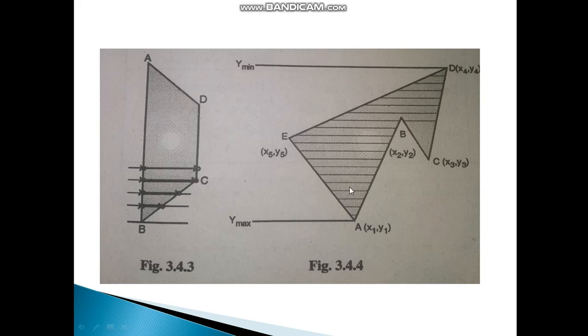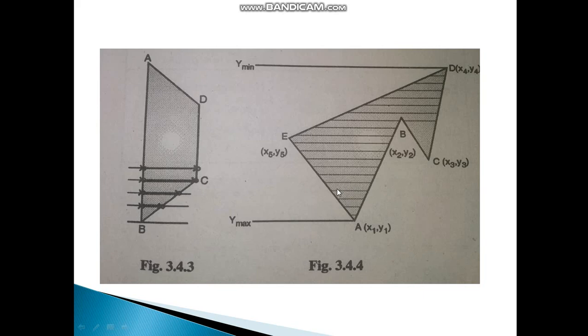And after that, here is one figure of the scanline algorithm. In this figure there are two edges, AB and AE. We start our scanlines from y max to y min. If the scanline is between y max and y min of edge AB, find the intersection point with that edge.